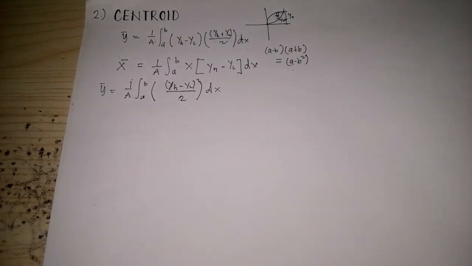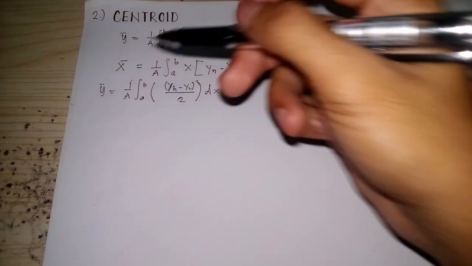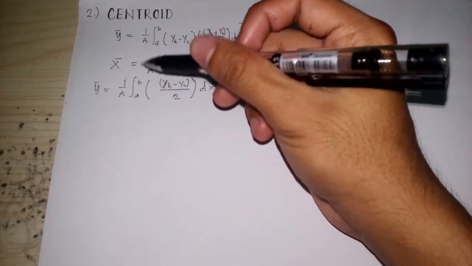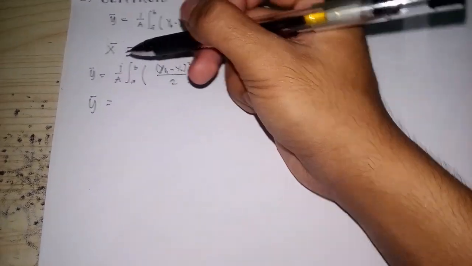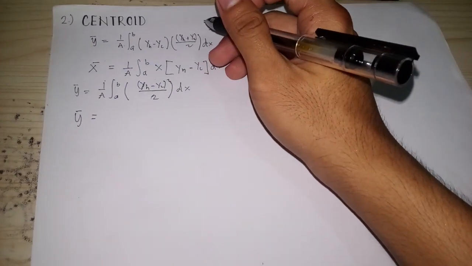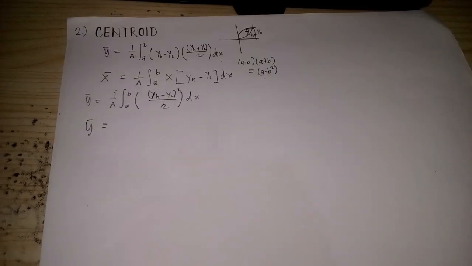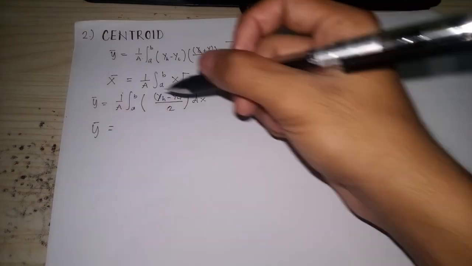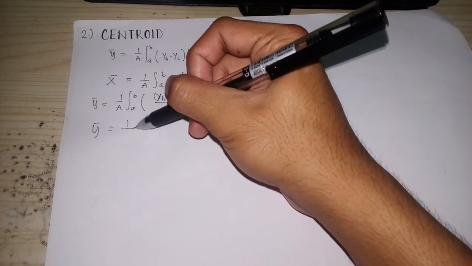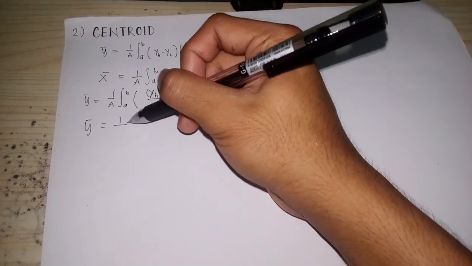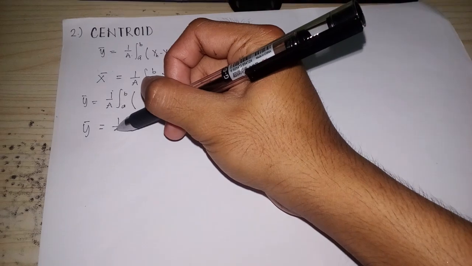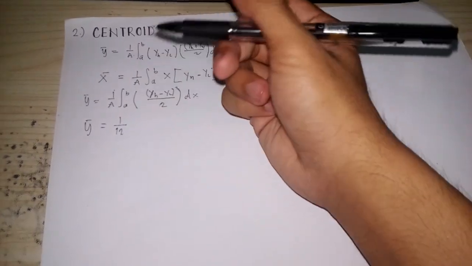So now let's substitute. So our limit will still be the same as the area previously. So our bar y will now become, our area previously when we solved the area is 12 units squared, right?